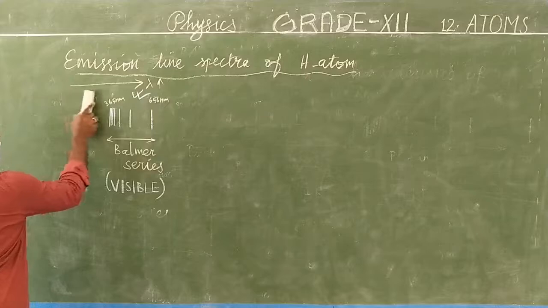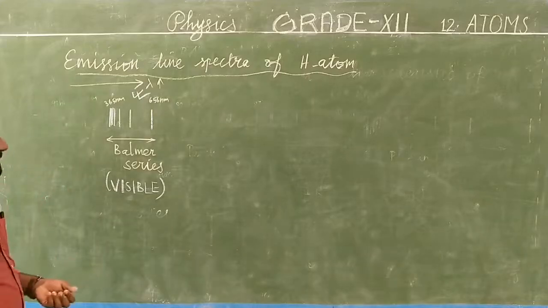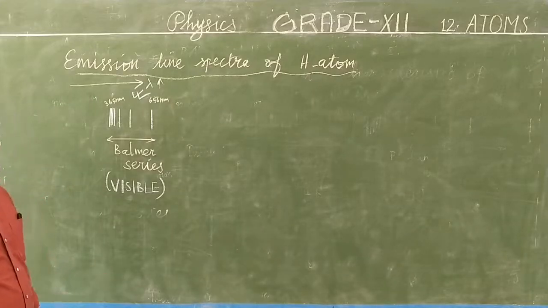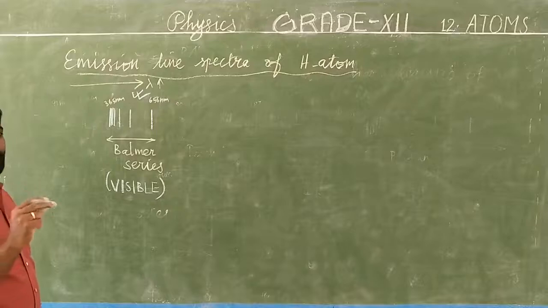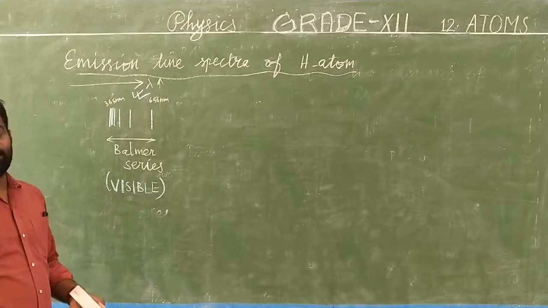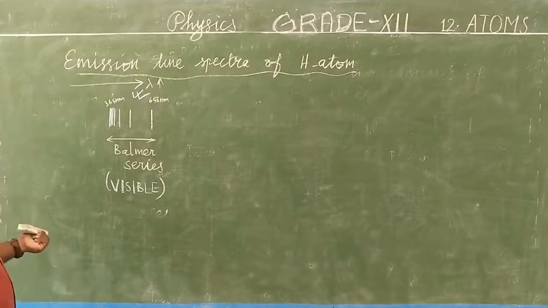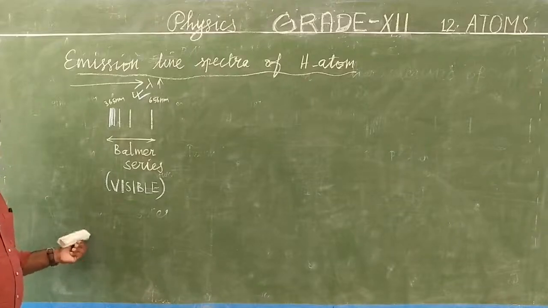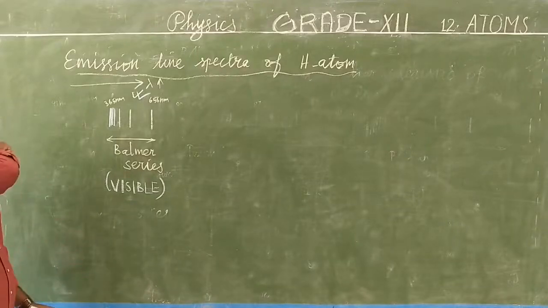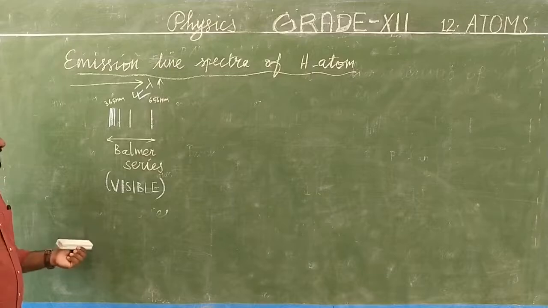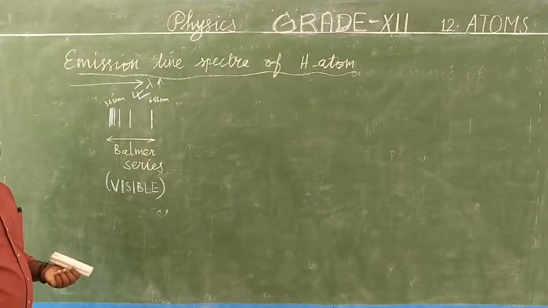J.J. Balmer was a physics teacher, and he obtained an empirical formula. What is an empirical formula? It's a short form. The derivations we will see in the next topic: after Bohr's atomic model, using the postulates, we determine the energy, and at that time we will find how the empirical formula comes.